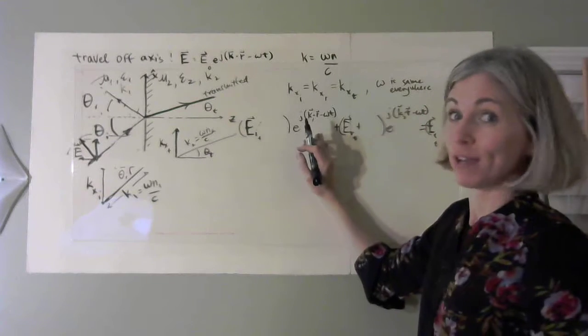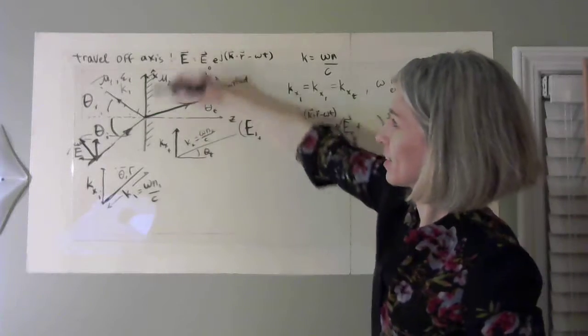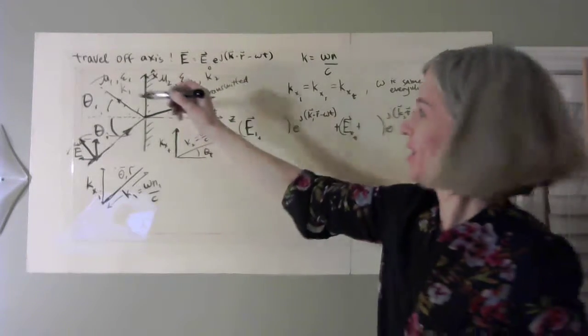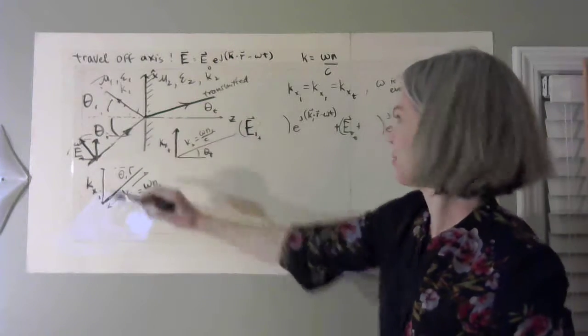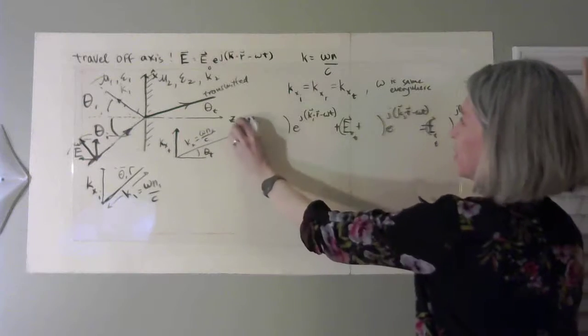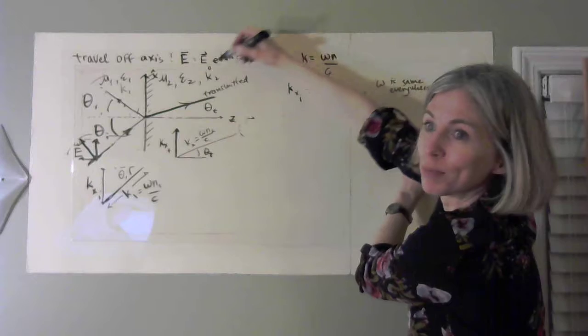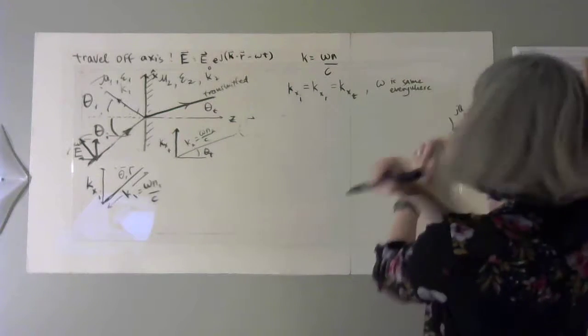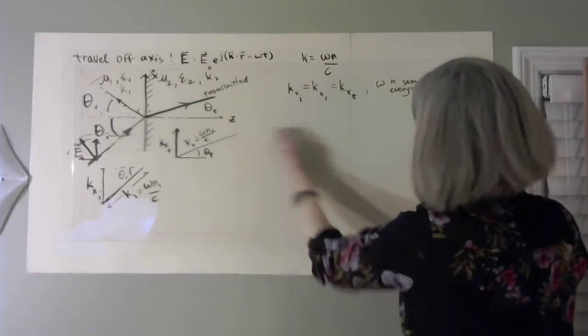And then I had to have phase continuity so that it would work at any value of x or y. We didn't really have any y propagation. All of the propagation was in the xz plane, and of course z was fixed at 0 at any time. So with the phase continuity requirement, making all those exponential terms the same so we could divide them out, we got that the frequency is the same everywhere.